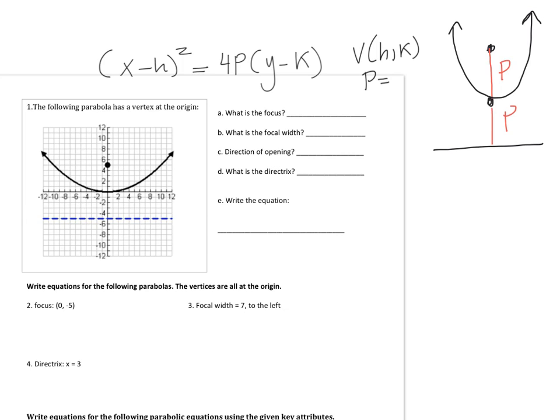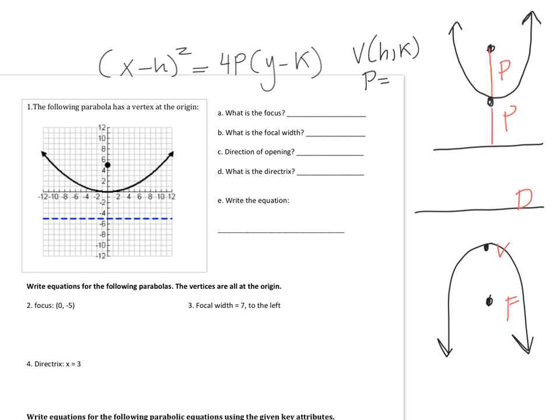Now, if the focus is on the bottom and the directrix is on the top, then the vertex is halfway between them, and this parabola will open downward because the focus always needs to be inside the parabola. And p is the distance between the focus and the vertex, and the vertex and the directrix. So let's label them.